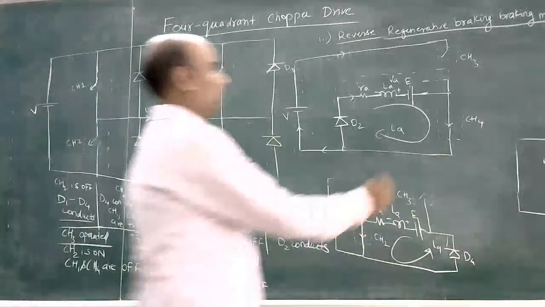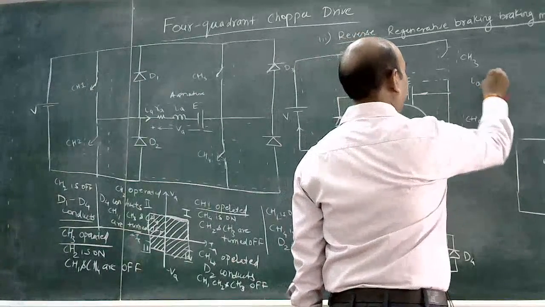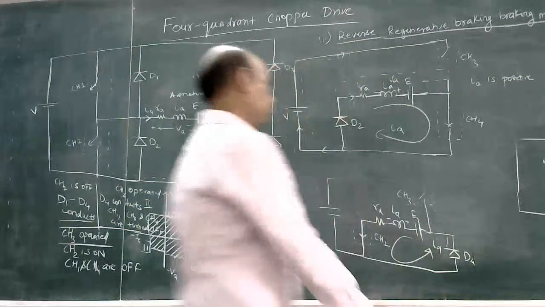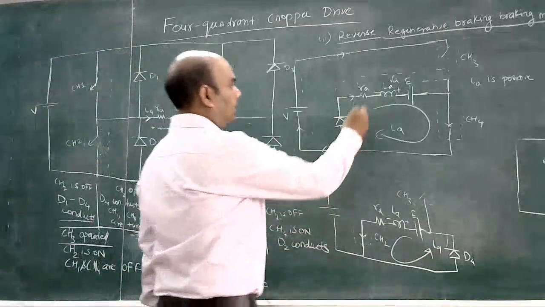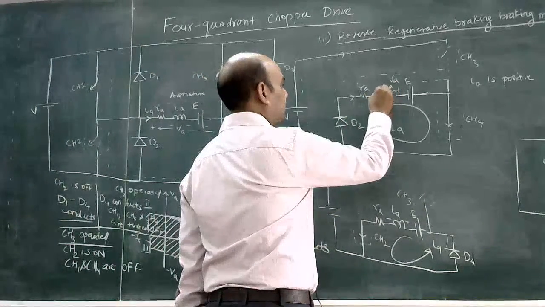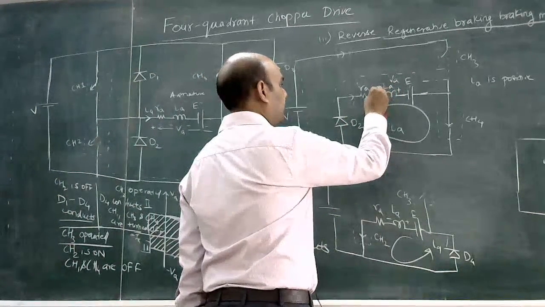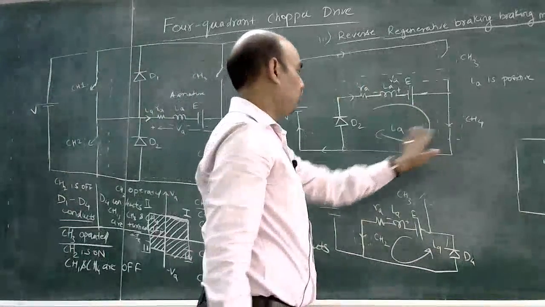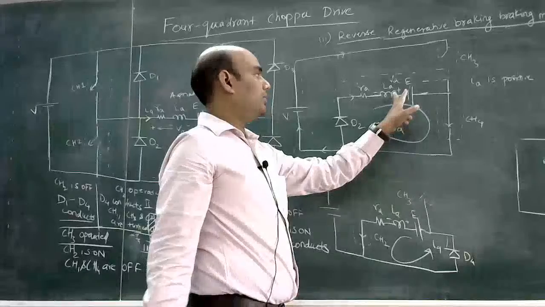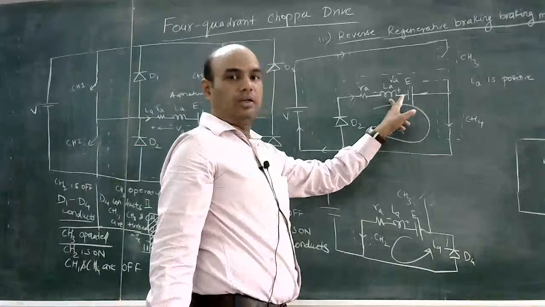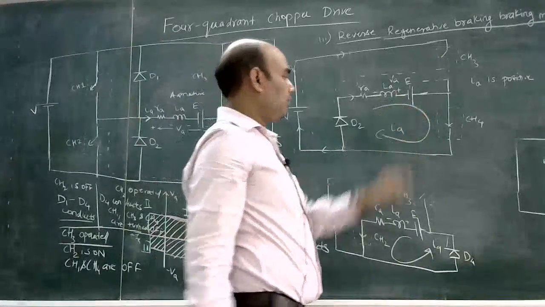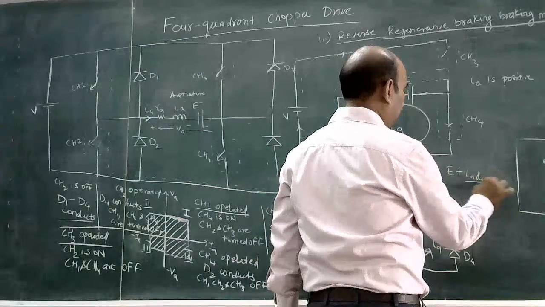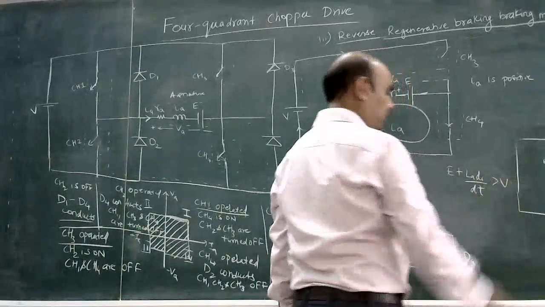Here IA is positive. Again this inductor will start charging. This inductor will store energy in magnetic form. So this IA will charge this inductor, and again the back EMF and voltage across the inductor will be greater than the source voltage.